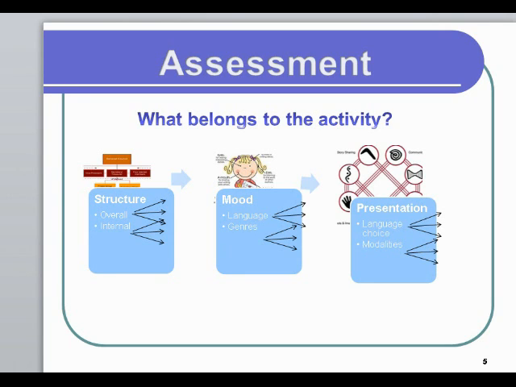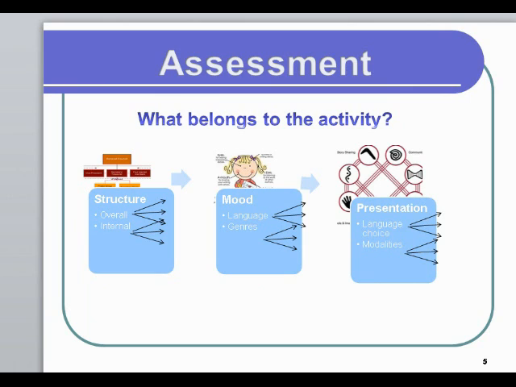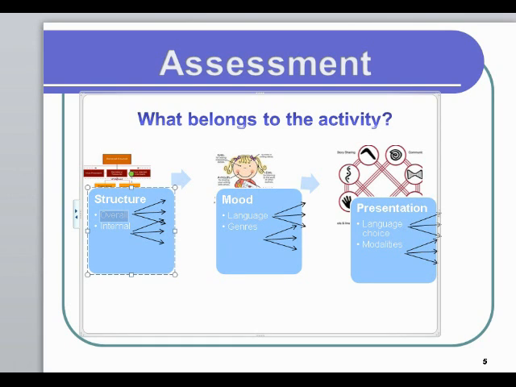So what you will want there to be is three major components, which is the structure, the mood of it, whether it's right, and the presentation, whether it's right. Now, when you devise your assessment criteria, you should look at subcomponents, which is overall structure. Does it actually look like a presentation?